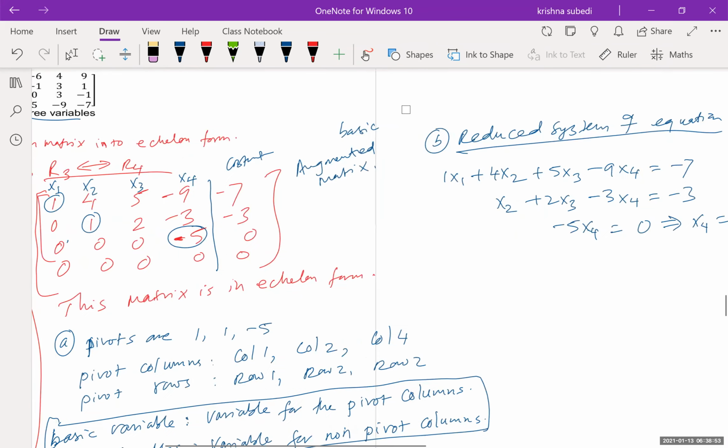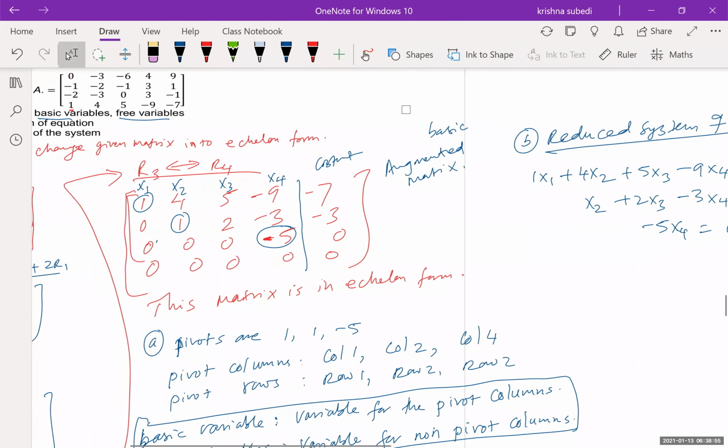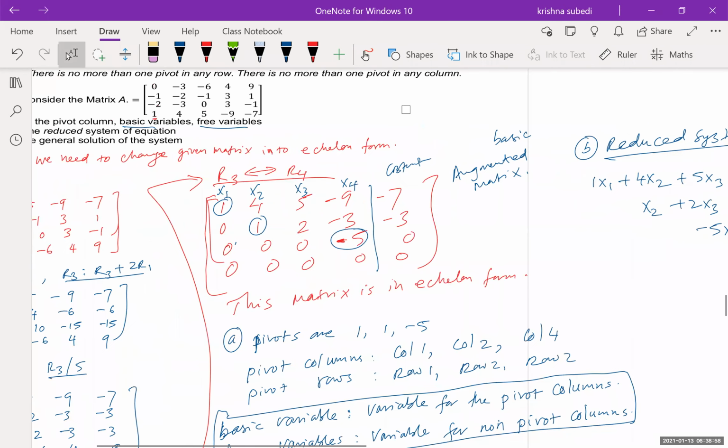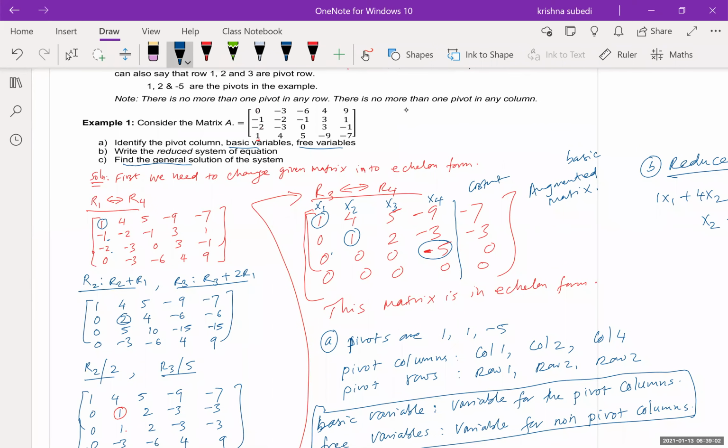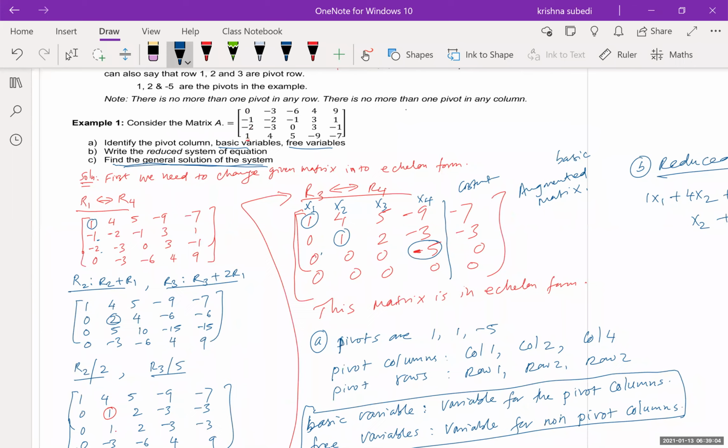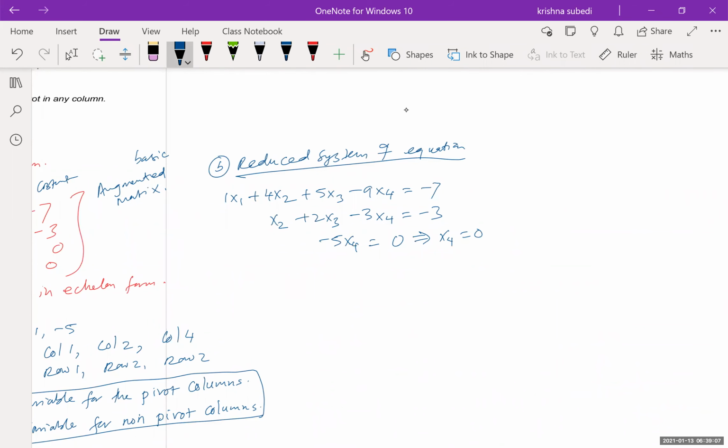Any questions? No. Now let's go to part C. We need to find the general solution of the system. In the general solution, you always express the basic variables in terms of the free variables.